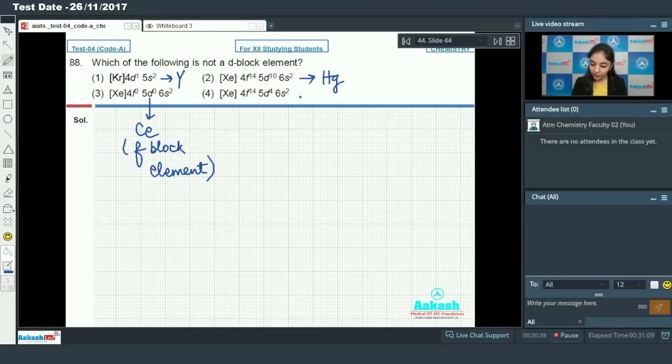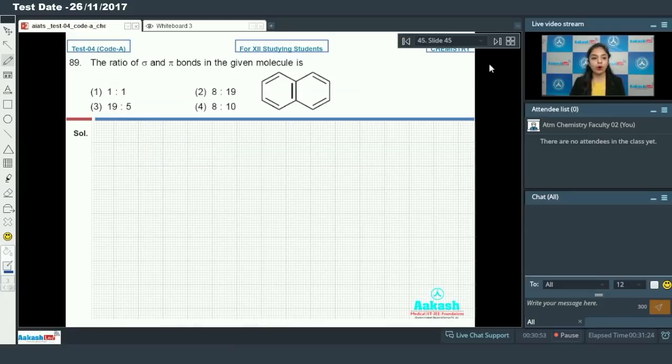And the fourth one is the electronic configuration of tungsten, which is also a d block element. So the only correct option is option number 3.